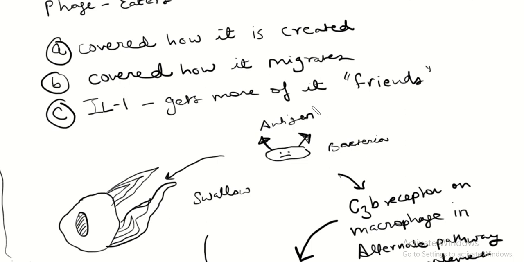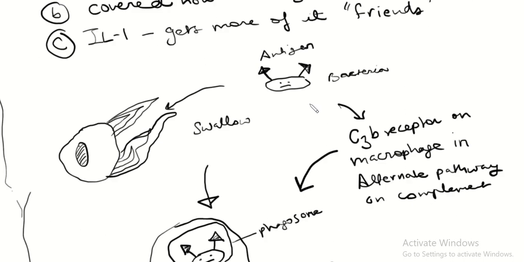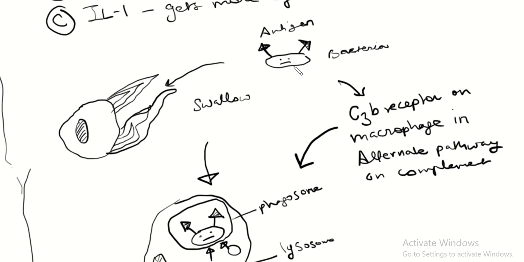Okay. So how does it work? There's a couple of pathways that it can take. Okay. So again, one is very similar to neutrophils of how it gets swallowed. The other pathway is, if you remember from the complement system, there's an alternate pathway where the macrophages can attach directly to the antigen on the bacteria through the CB receptor.